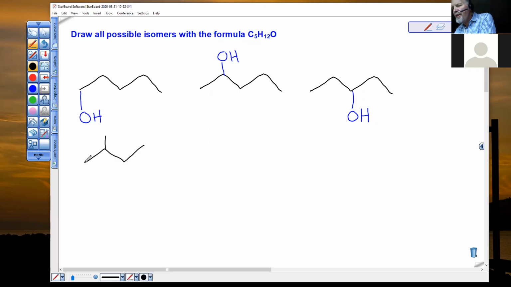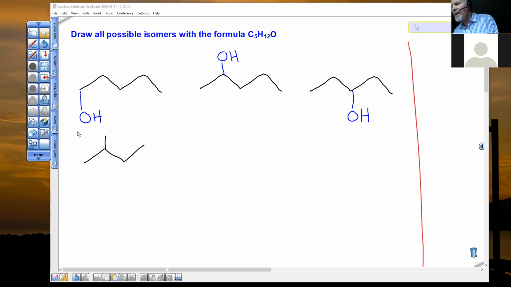You can put an OH here, and if you do that, wouldn't that be the same as putting the OH here? So let's have a separation area and do just what I said. Well, before I do that, I know I'm going to need this skeleton more than one time. Sadly, on tests, you can't do this with pen and pencil. Copy. Paste. I'm going to put a 3rd one over here.